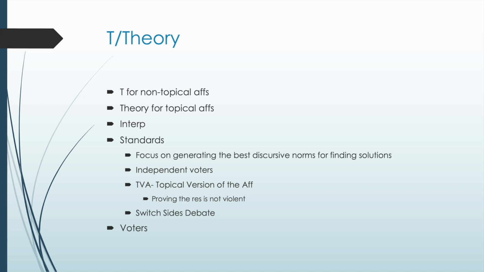This is basically the proof that reading theory does not preclude the Aff from existing, but rather argues that the structure of the Aff should be different. And when we're going up against a non-topical Aff, that TVA goes a long way in proving that the resolution is not always violent, because we can prove that there is a version of the Aff that affirms the resolution and still maintains the thesis that it's trying to prove.